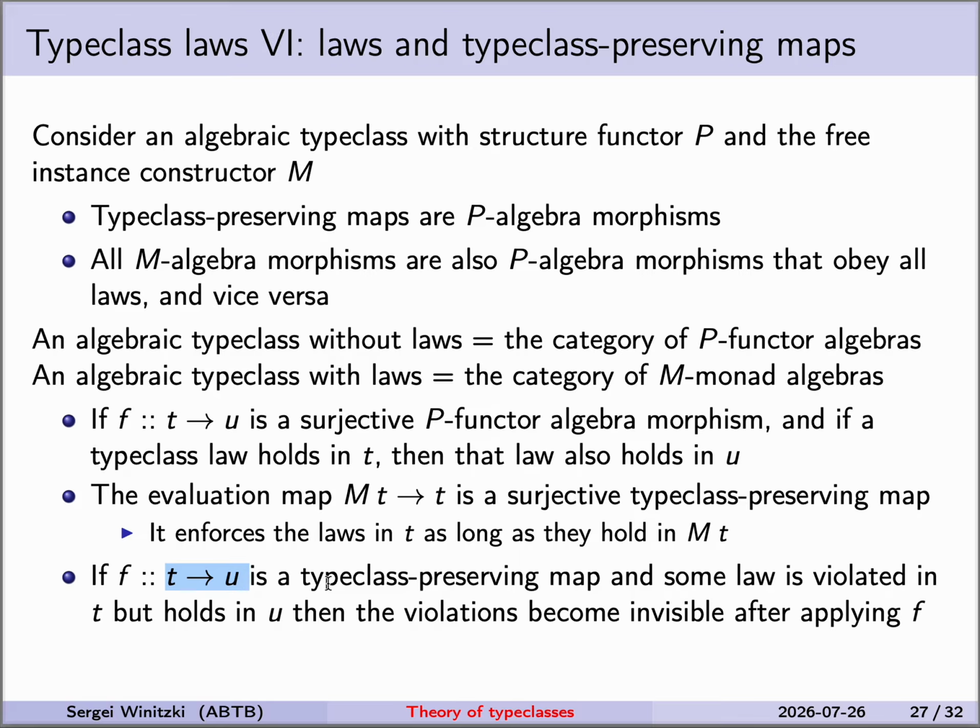So typeclass preserving maps are something that programmers can write down in code, just making sure that operations are mapped into operations recursively. And if that is written, then the programmer has assurance that after applying the evaluation function here, the laws will hold, and the violations of laws in some intermediate data structures are going to be invisible.